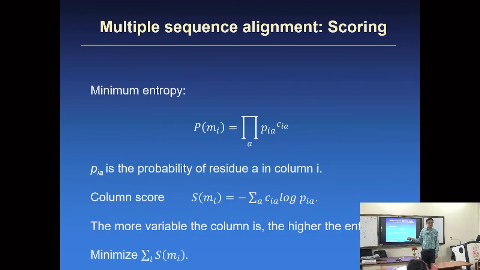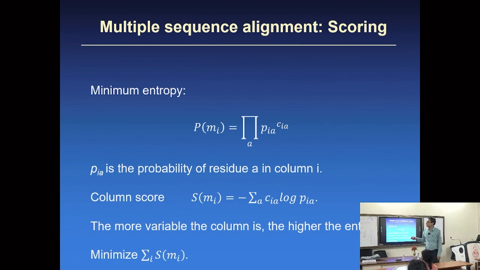This is the probability of the ith column of the multiple alignment M, which is the score for the ith column.